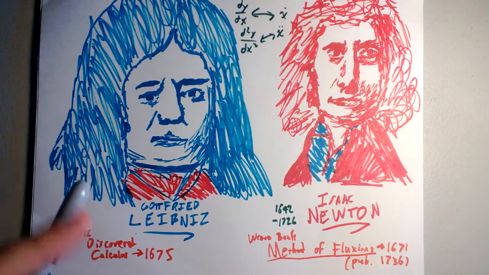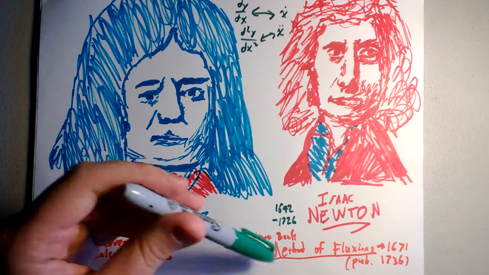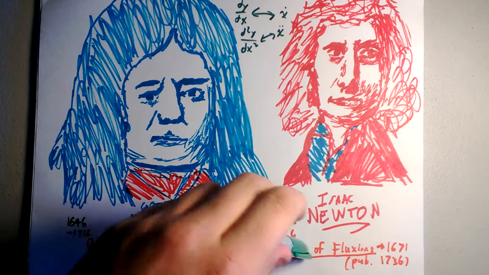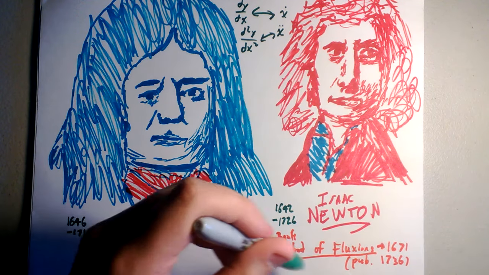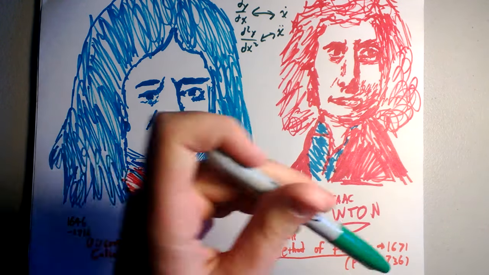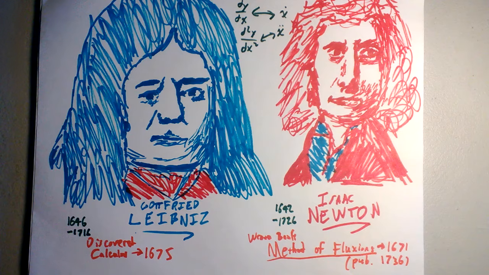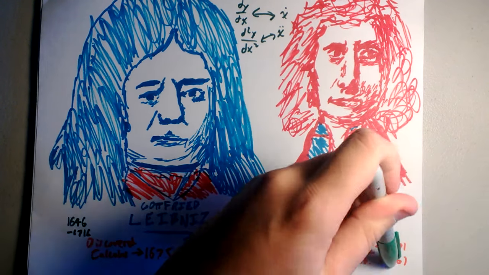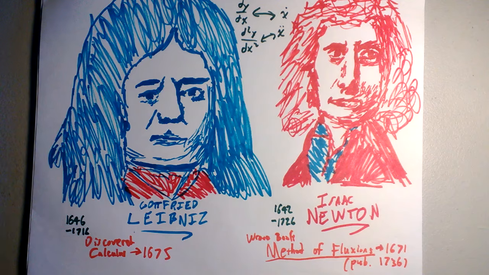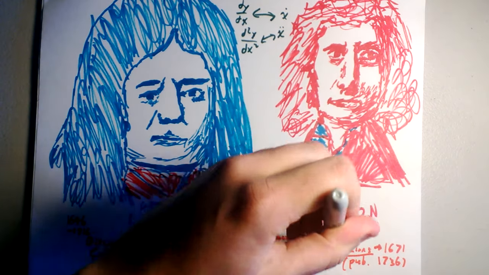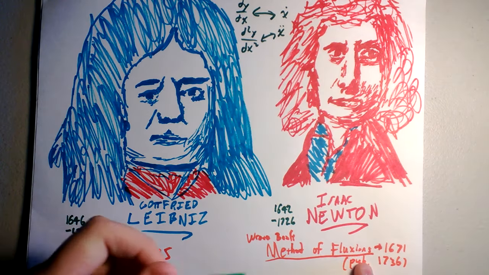Now Newton, he kind of did it in the 60s, I believe, but he actually wrote his paper, Method of Fluxions, I believe that's how you pronounce it, in 1671, though he published it many years later in 1736. But fluxions was his word for what we now call the derivative.